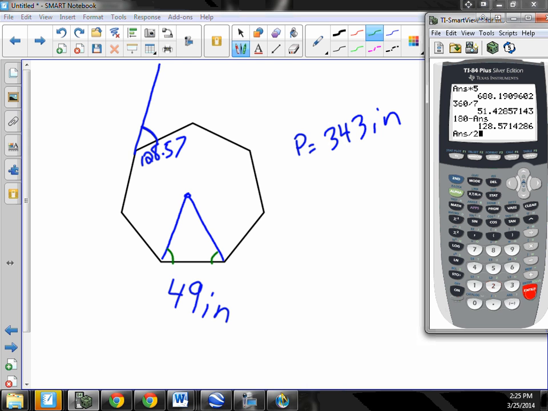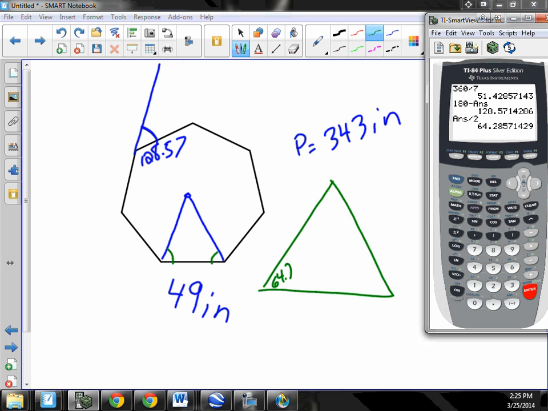So divide that by 2. So those are 64. Let me draw that bigger. So this is 64.28. And I know the base is 49. I need to calculate the height. This height here. Well, in the little triangle, this would be 24.5.